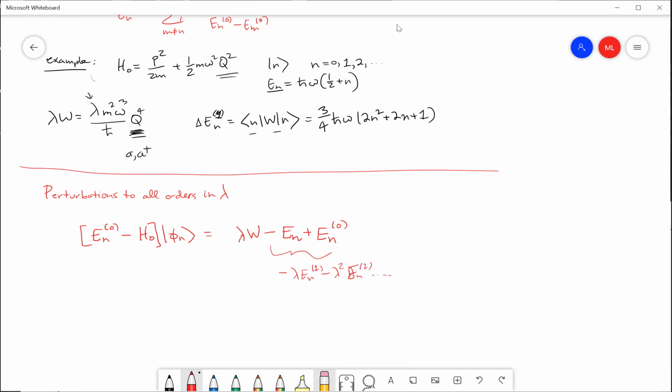It's like the rest of that series. It's the full thing with a minus sign plus the unperturbed one. So that's the rest of the series, and all of that acts on phi n. So we can rearrange it like this.